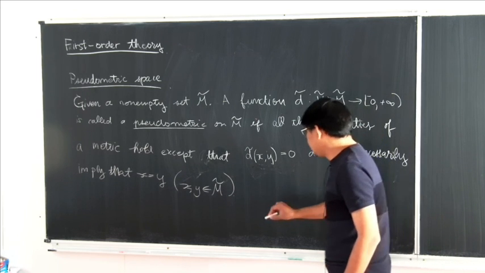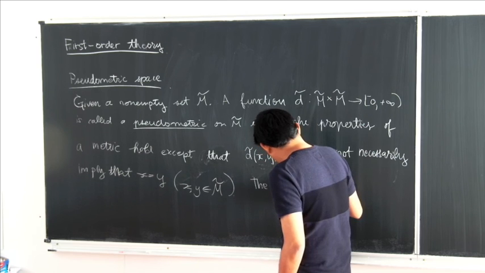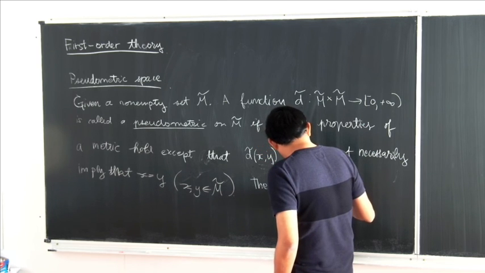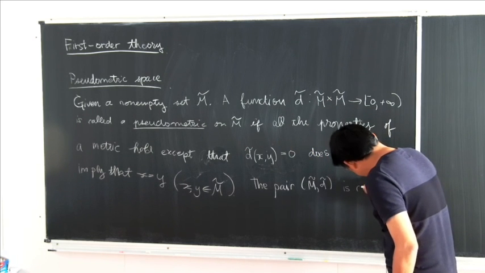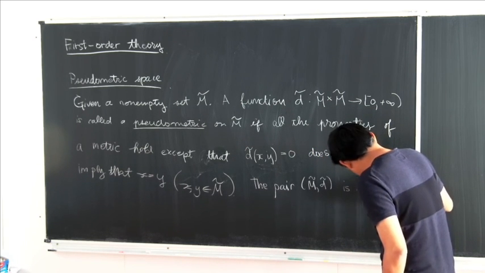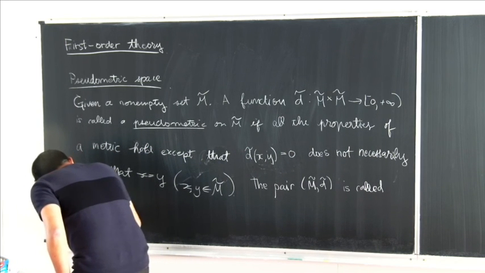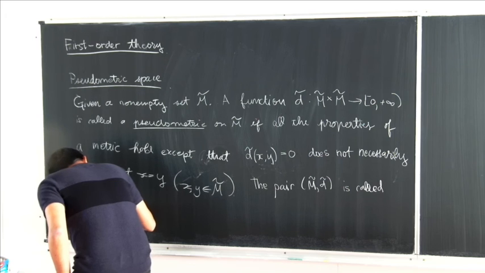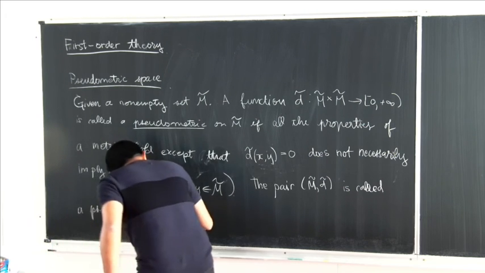Now the pair M tilde and d tilde will be called a pseudometric space.